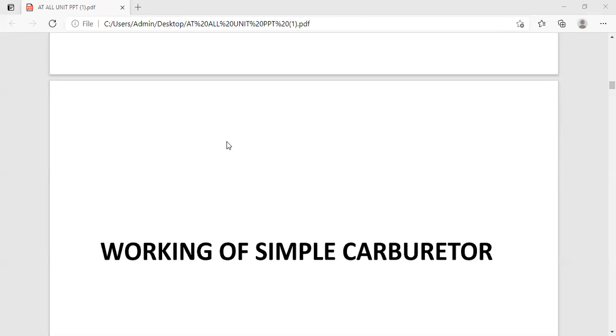The device which prepares the proper or stoichiometric mixture at various load and speed conditions is called the carburetor.